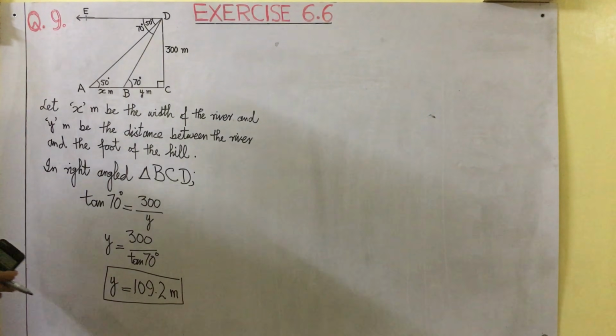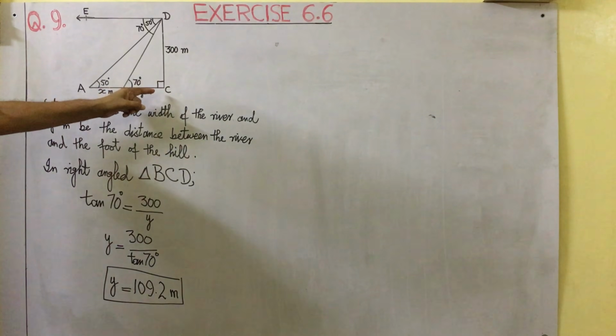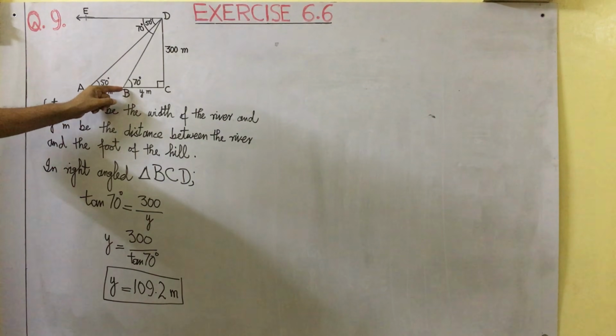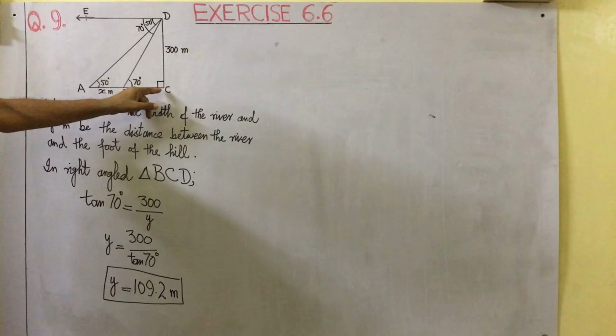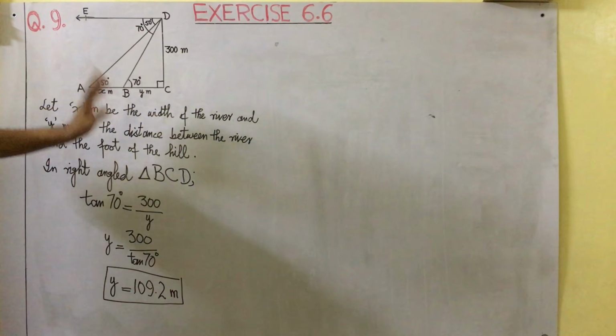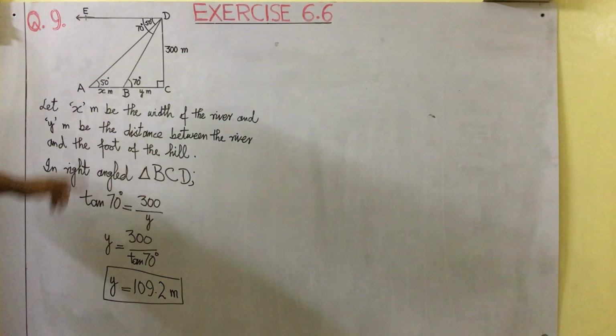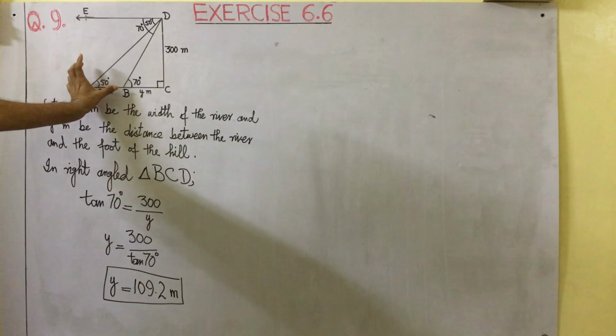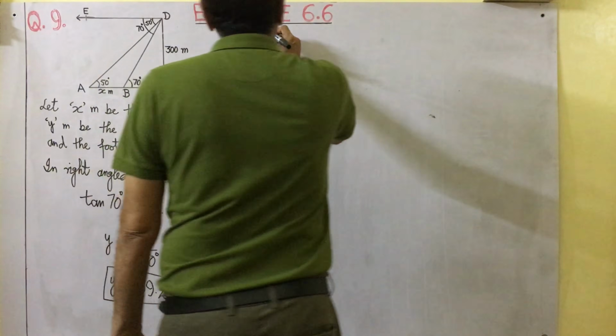You see, the distance between the nearer shore of the river and the foot of the hill is equal to 109.2 meters. Now we want to find out the width of the river, which is x meters.